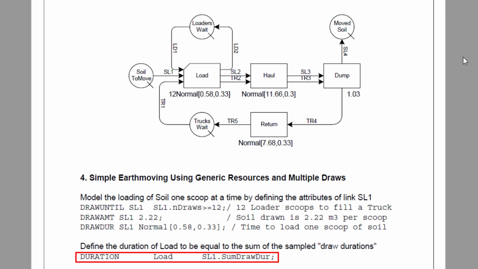The sum draw duration is an attribute of link SL1, and it represents the sum of all the sampled draw durations that were sampled every time a draw amount of 2.22 cubic meters was taken out of the Q soil to move. As a result, the duration of load represents the sum of 12 normally distributed random variables, each one drawn or sampled independently of each other.